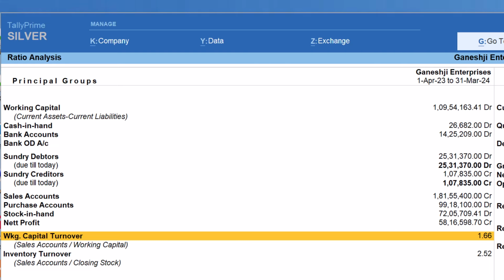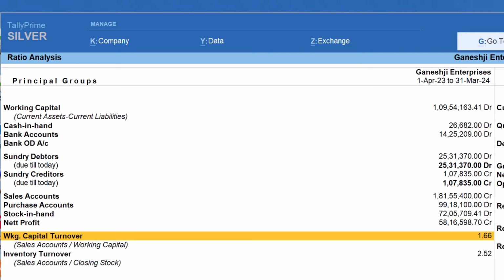Let us say the sales of the company is 200 rupees and the working capital that is available with the company is 100 rupees. So 200 divided by 100 is 2 times, which means with the amount of working capital of 100 rupees, the company is able to make a turnover twice the working capital amount.